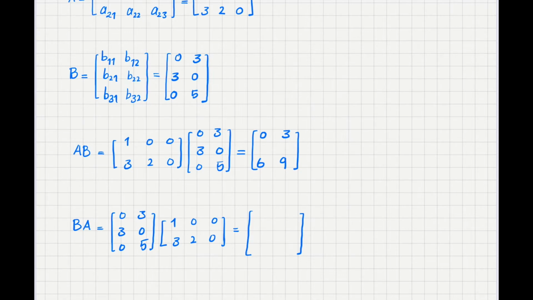So the first entry becomes 9, the second entry becomes 6, the last one here is 0, then I go to the next row, it becomes 3, 0, 0, and then 15, 10, and 0. So these are the answers of these products, A times B and B times A.